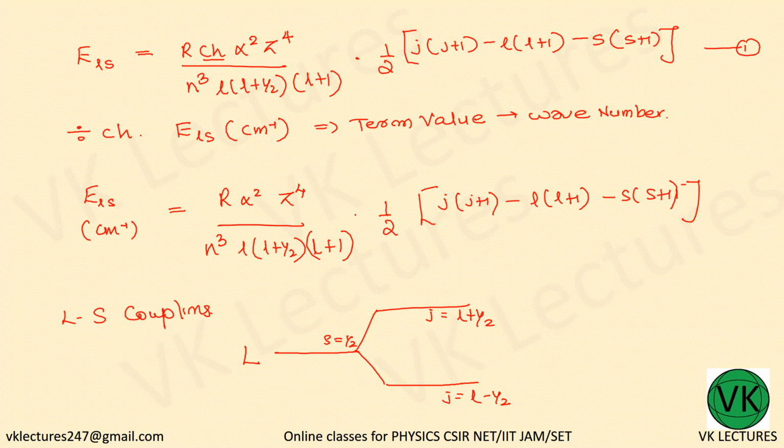So then just substitute the values of J equal to L plus half and J equal to L minus half over here. You will get two states with energies E plus and E minus, and this energy gap is the delta total with respect to the original state.